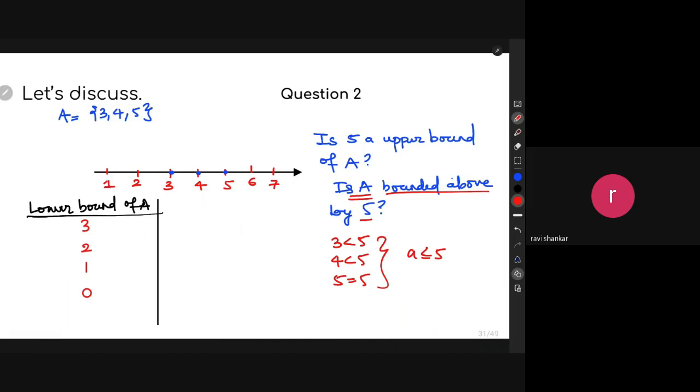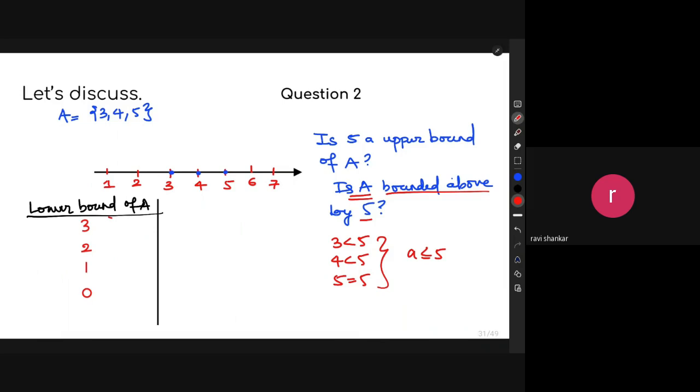The answer is no. I cannot find an element which is larger than 3 and a lower bound of A. So in some sense, 3 is the greatest among all the other lower bounds. 3 is larger than any other lower bound of A.